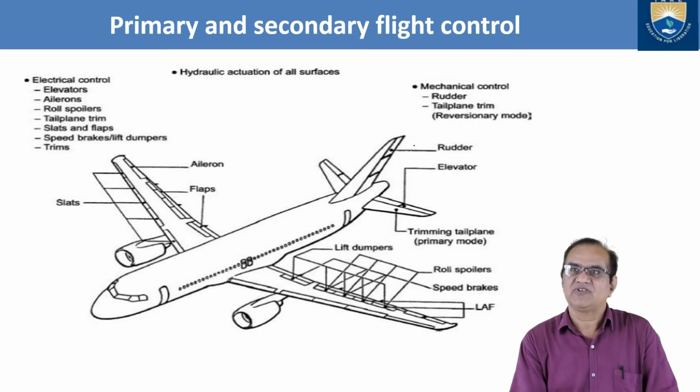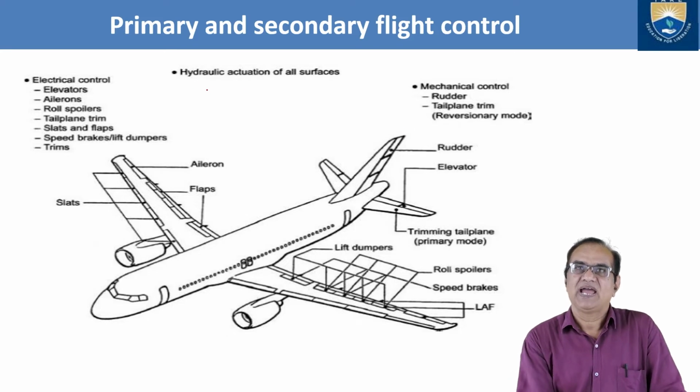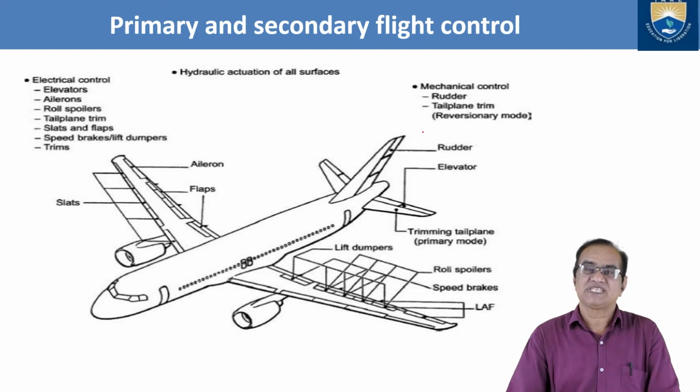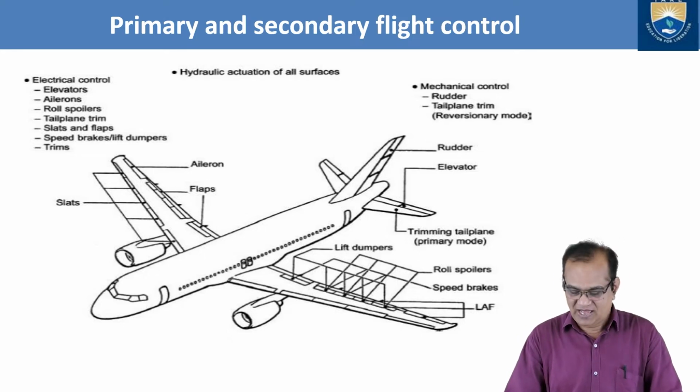We have the elevator, we have the rudder, and we have mechanical control: the rudder, tail plane and trim. These things are mechanical, and this is hydraulic actuation of all surfaces. So all these surfaces are hydraulically actuated. However, the rudder and tail planes can be operated mechanically also.